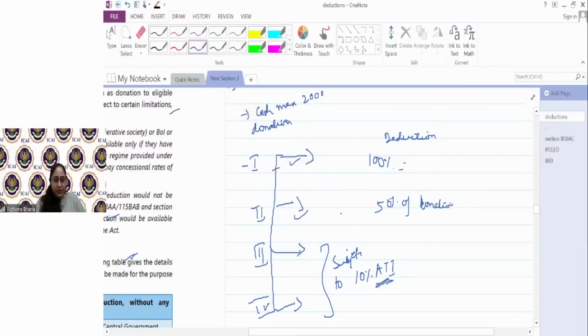Adjusted total income, what is that? I'll come to it. But suppose my adjusted total income is coming to 5 lakhs. So 10% कितना हुआ, 50,000. So 50,000 is available for third and fourth category.